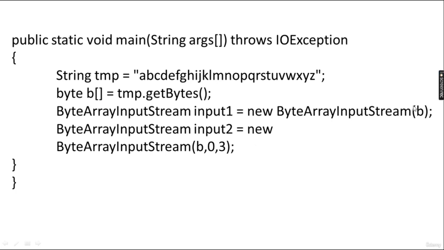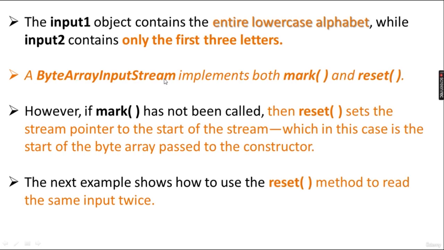For ByteArrayInputStream, the first is on the byte array we are providing, which has all the characters, and the second is new ByteArrayInputStream(b, 0, 3): from 0, 3 characters long, 0, 1, 2. The input1 object contains the entire lowercase alphabet, while input2 contains only the first 3 letters.